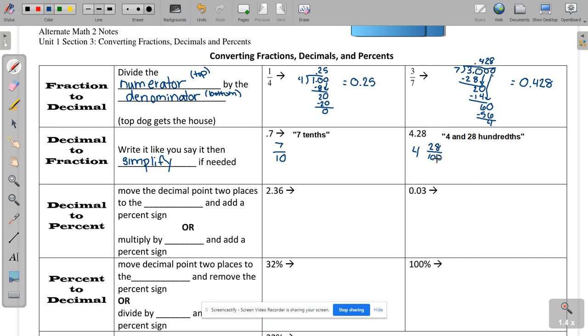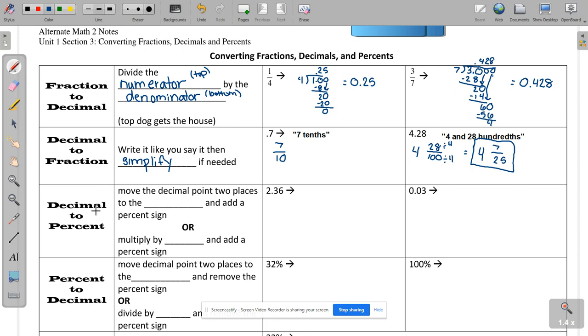So 28/100, what number can we simplify out of these? We can divide 4 out of the top and the bottom evenly. 28 divided by 4 is 7, and 100 divided by 4 is 25. So we get 4 and 7 over 25.